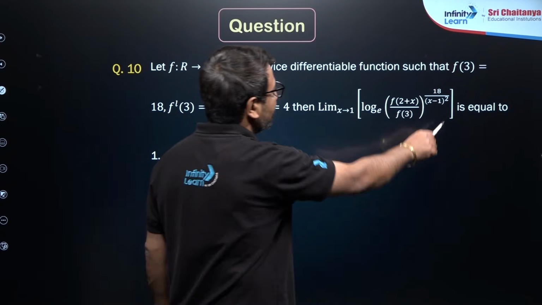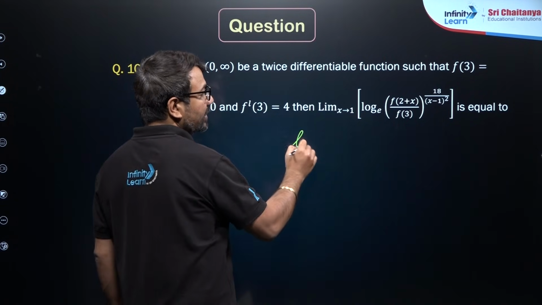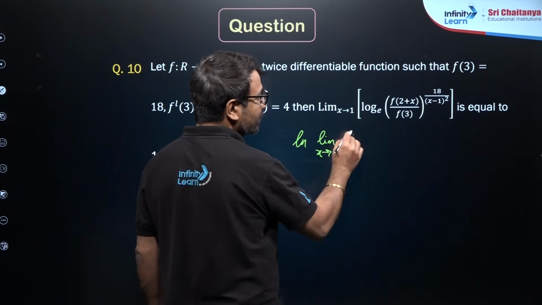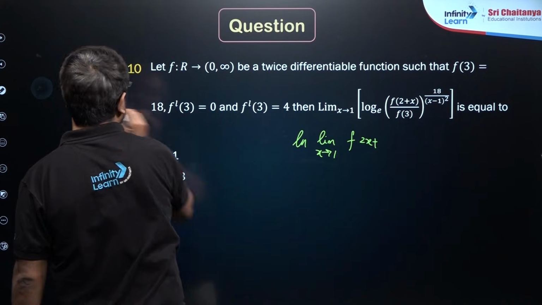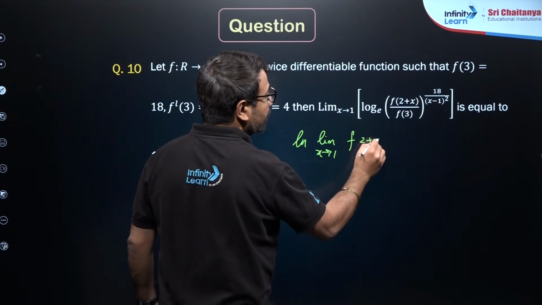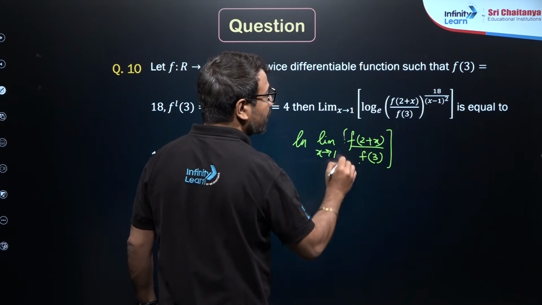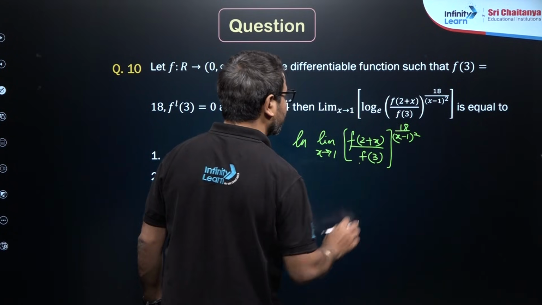Now in this question you will observe this is of the type 1 raised to the power infinity. So I'll take this ln outside and then I will apply limit x tending towards 1 to this function, f of 2 plus x over f of 3, to the whole power 18 over x minus 1 whole square.